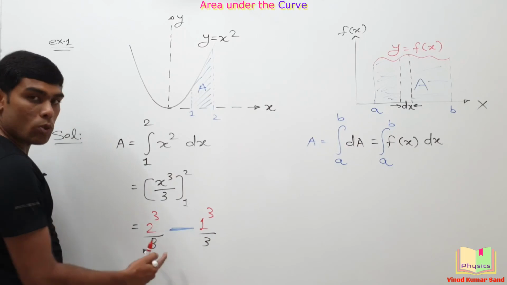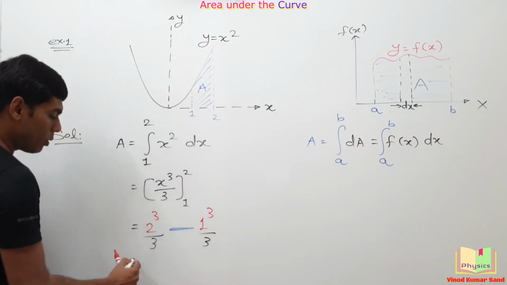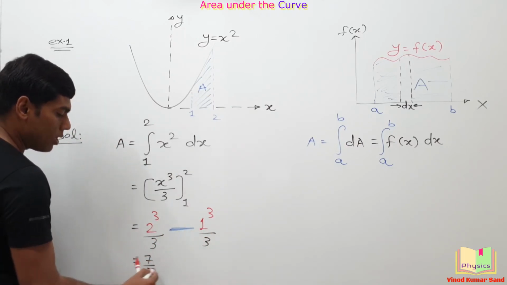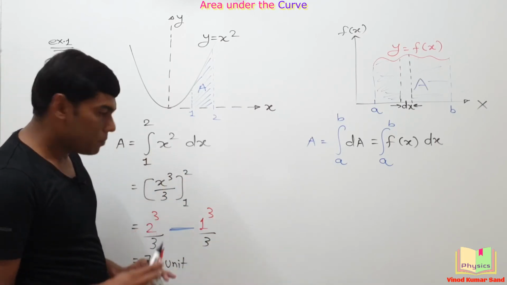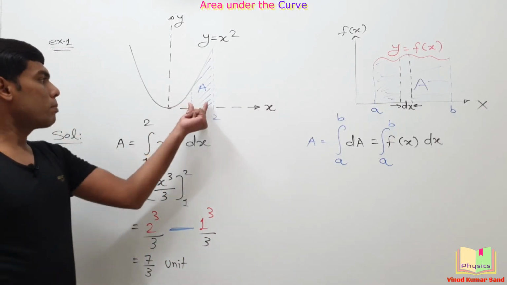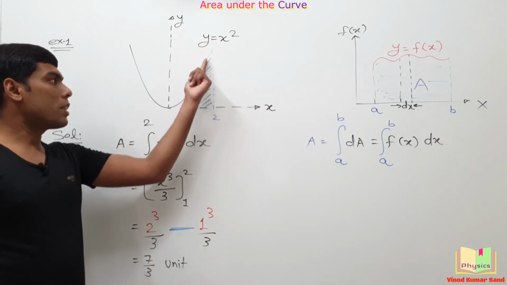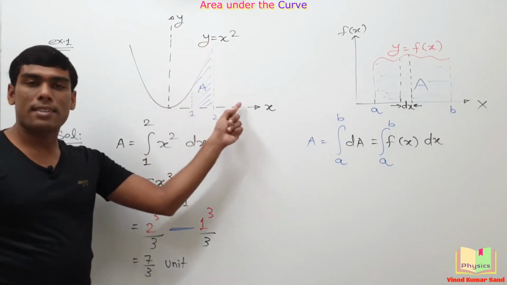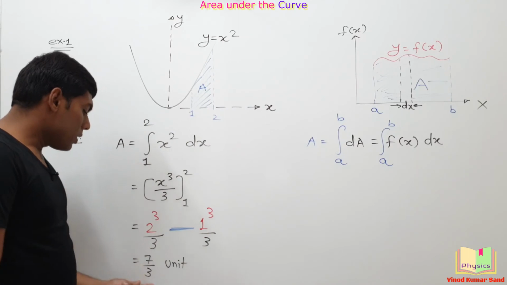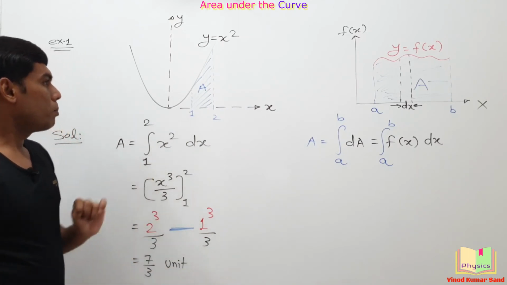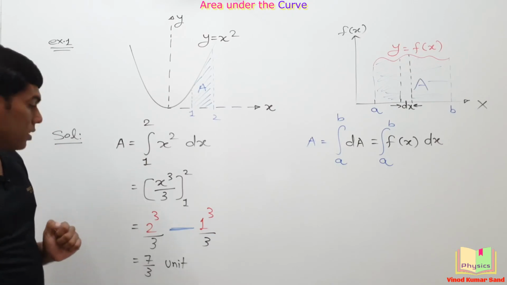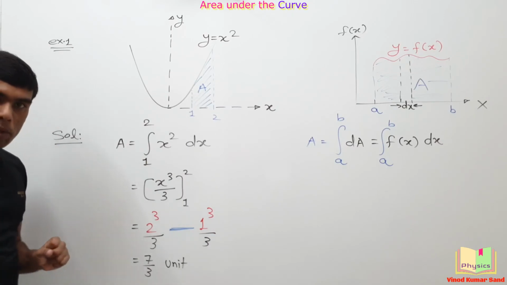So 8 minus 1 by 3, your answer will come out to be 7 by 3 units. Okay, this blue area bounded between this parabolic curve and the x-axis will be equal to 7 by 3 units. Fine. Pause here and note it down. Then we'll take up another example.